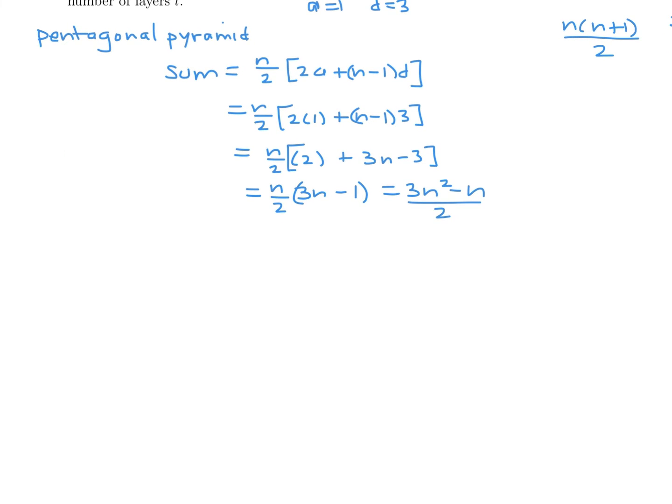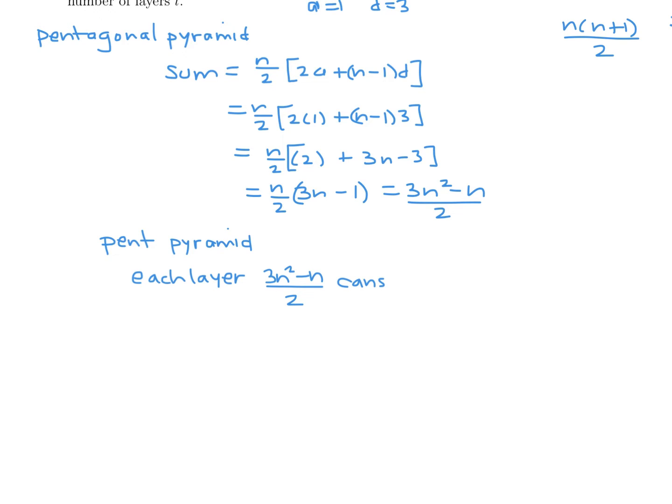So what that means is that in a pentagonal pyramid, each layer has 3n squared minus n over 2 cans, right?